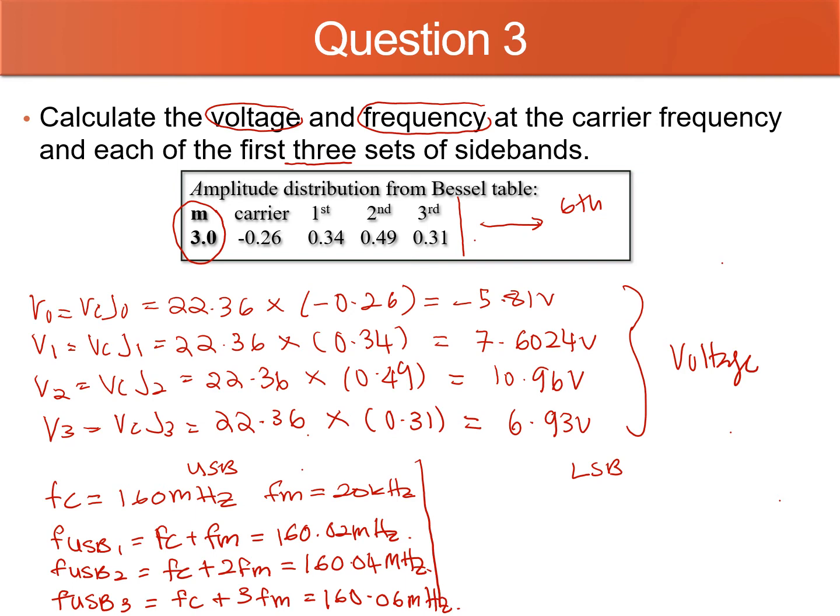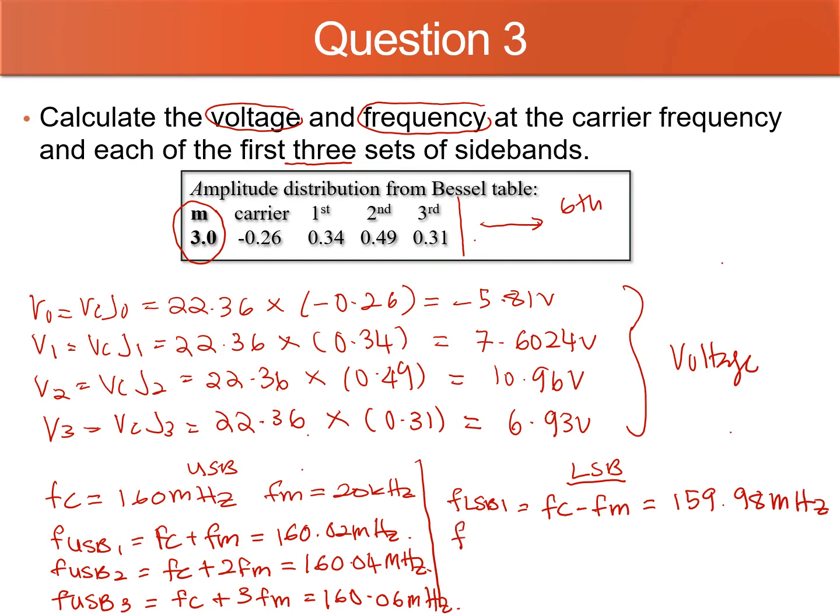So next is the lower sideband. For the first lower sideband, fc minus fm, and the answer is 159.98 megahertz.